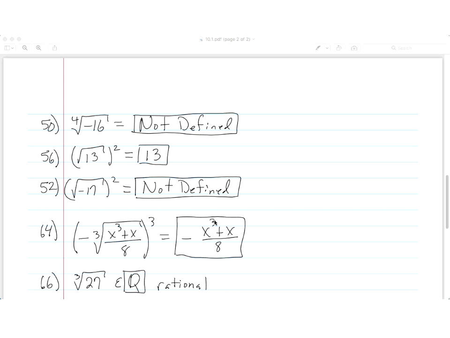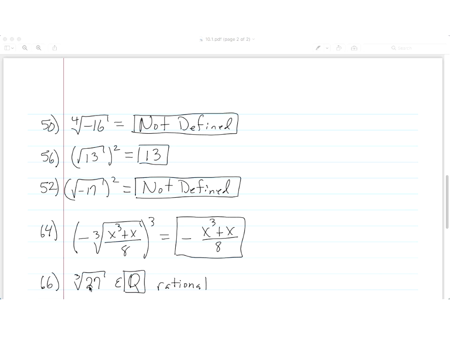In exercises 65 through 74, identify the numbers as rational, irrational, or non-real. So I want to determine if the cube root of 27 is rational, irrational, or non-real. Well, 27 is a perfect cube.